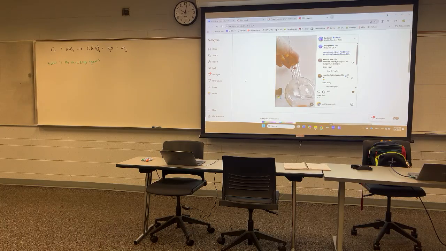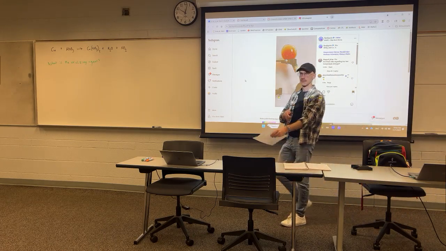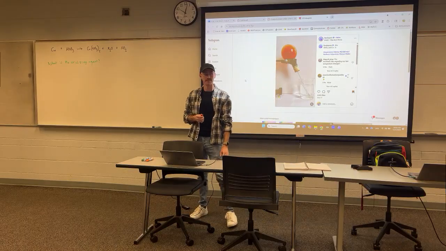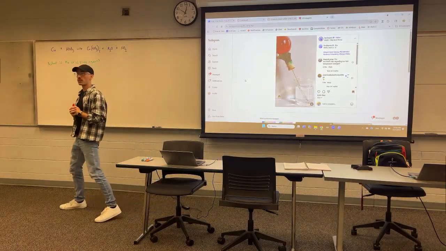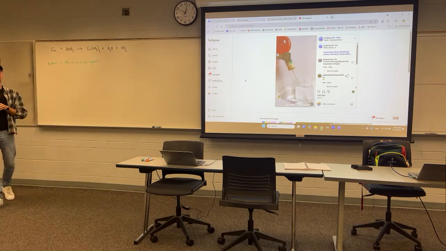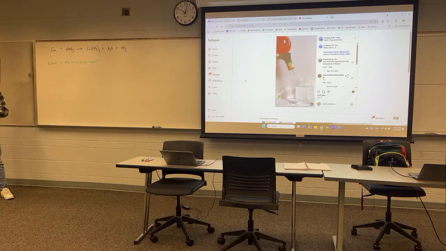Does it need to be balanced in order for us to solve oxidizing agents and reducing agents? Not really. So we can go through the balancing if you'd want to, but it's a little bit more complicated than we really need it to be for balancing. What do you look for? Which species do you want to identify first? Which one do you think is the easiest to identify as being oxidized or reduced?